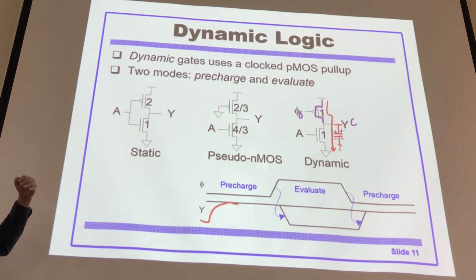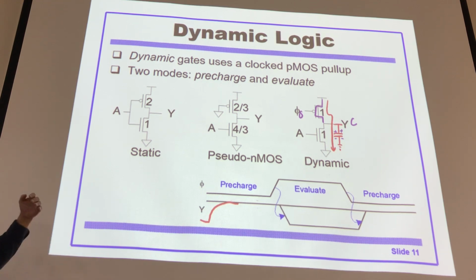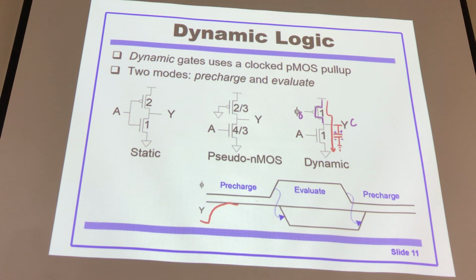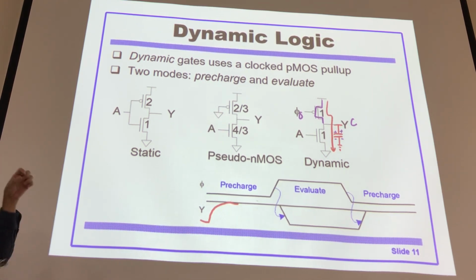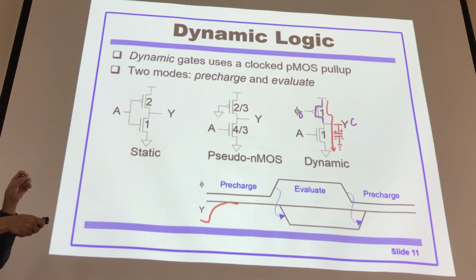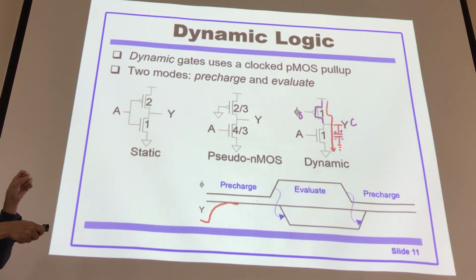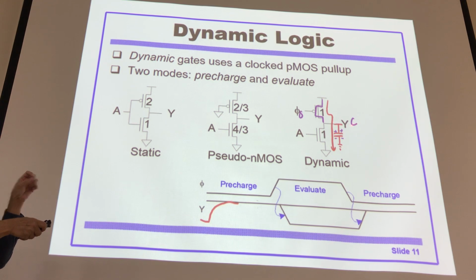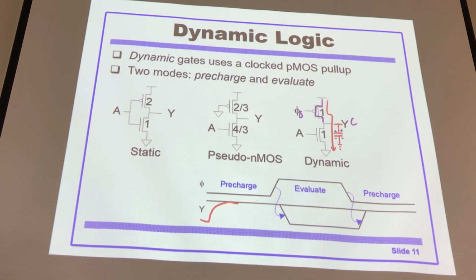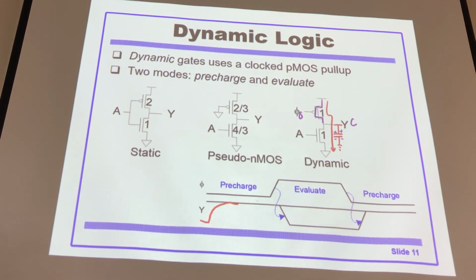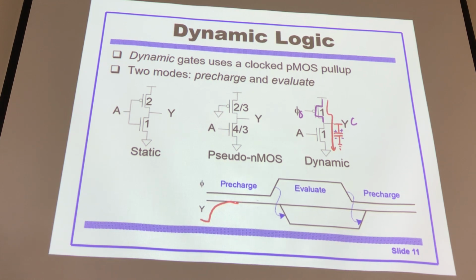So the current tries to charge the capacitor with more and more positive and negative charge on the capacitor. So we're giving higher and higher voltage on that capacitor, which is the signal value, the voltage on the output, right? So it goes high, in the beginning faster, and then slower and slower, reaching the high voltage.